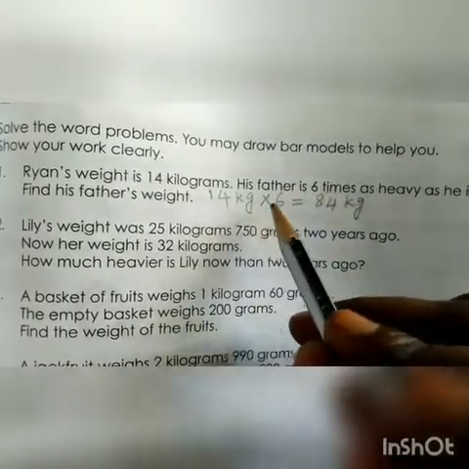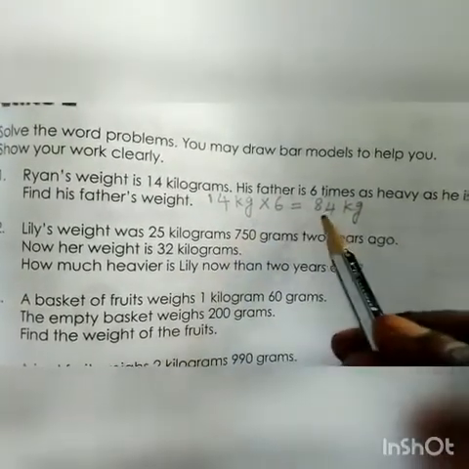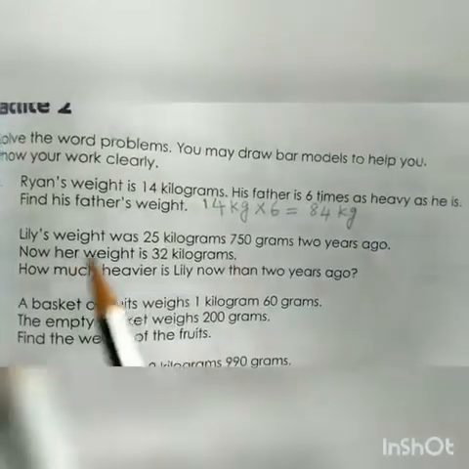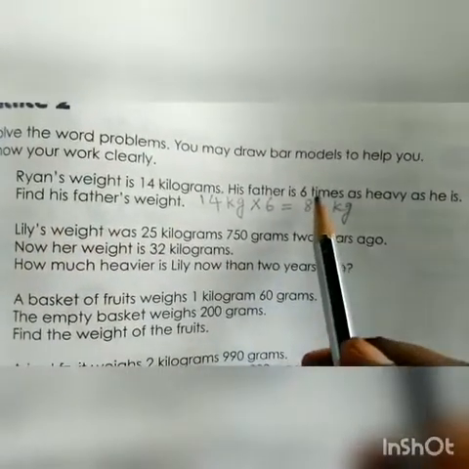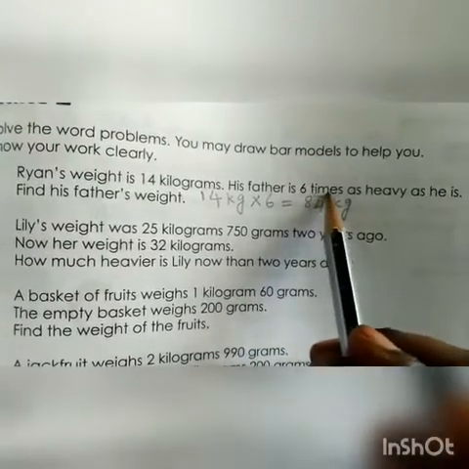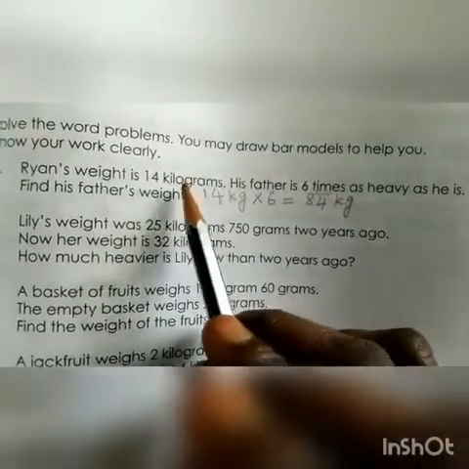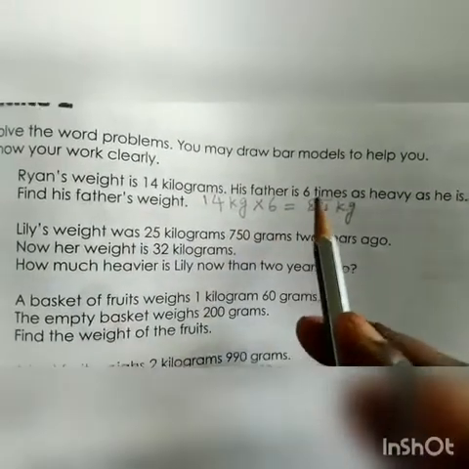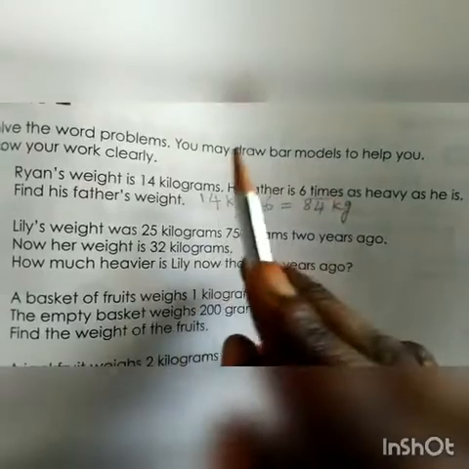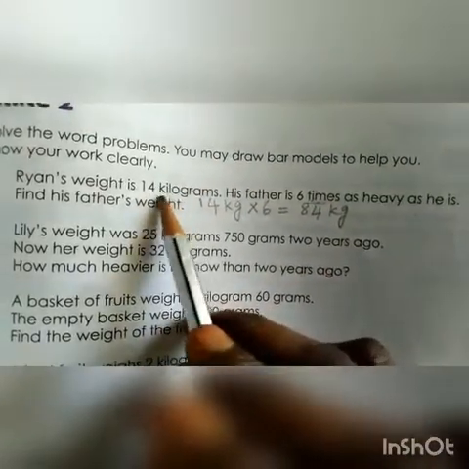So 14 kilogram into 6 is equal to 84 kilogram. Therefore, his father's weight is 84 kilogram. If the number of times is given, we have to multiply with the given value. You have to understand that concept.